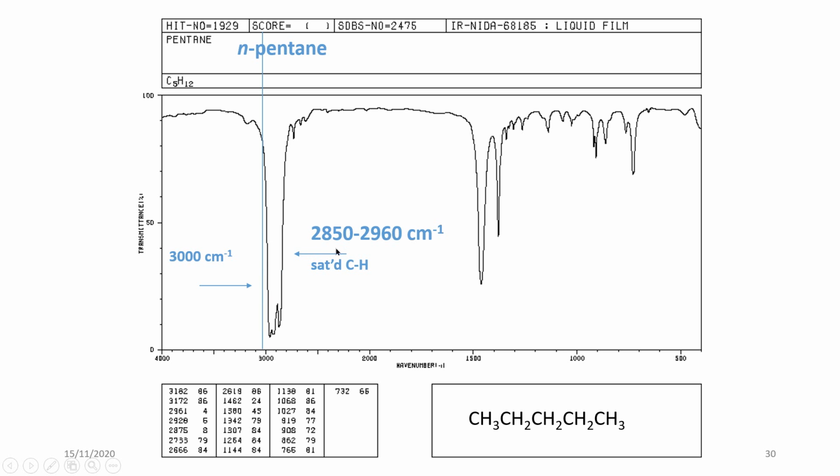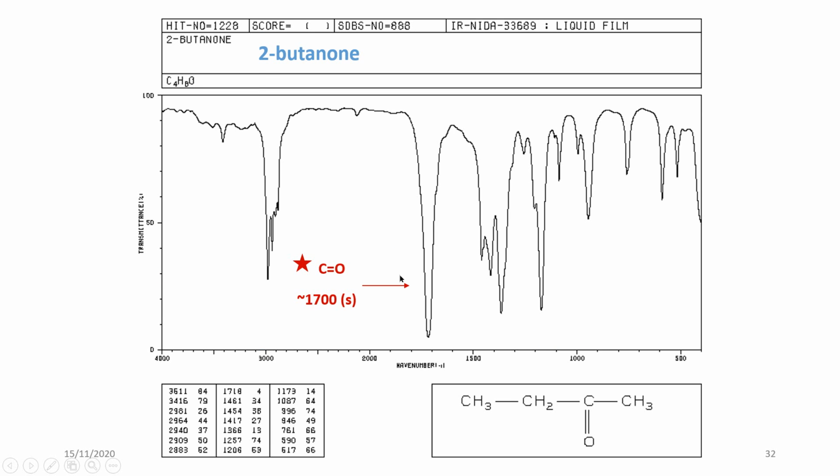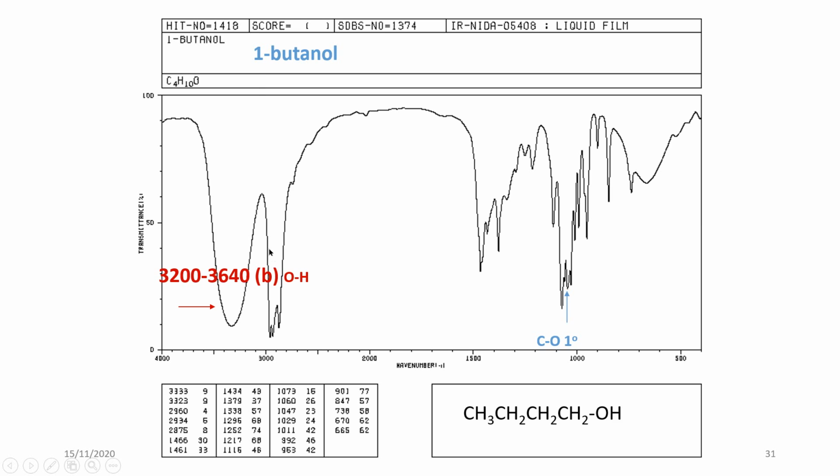So the CH stretching is found to be around 2850 to 2960 per centimeter. Similarly, in case of butanol, the OH stretching vibration is occurring at 3200 to 3640 per centimeter, followed by a broad peak showing the hydrogen bond formation.